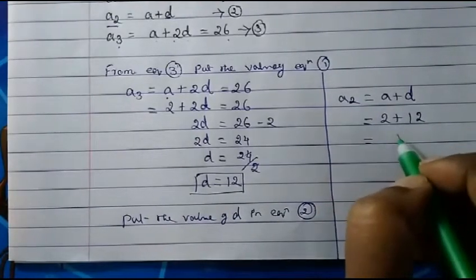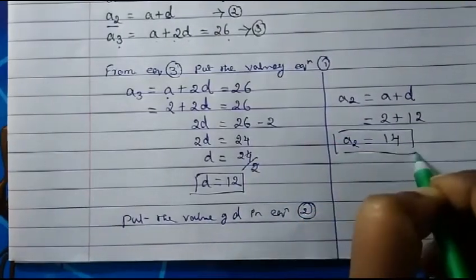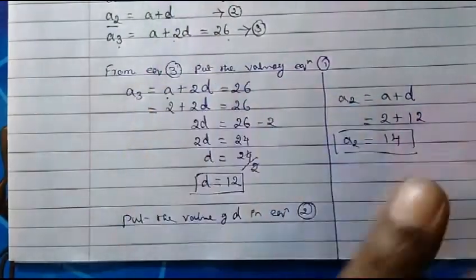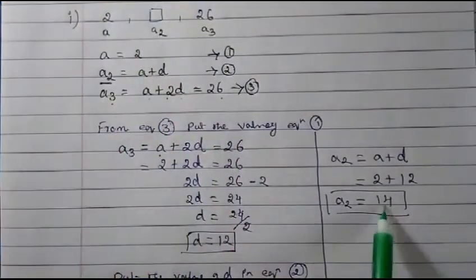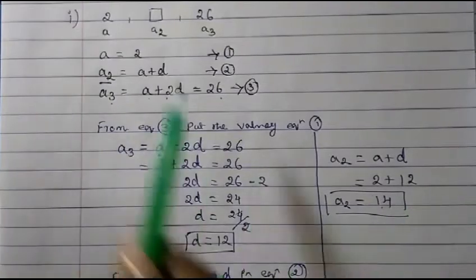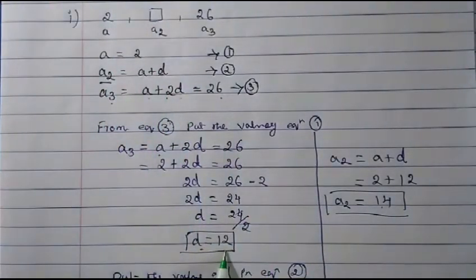So that gives us 14. So A2 is 14. So we found the A2 value. You see, now if it is 14, then 14 minus 2 gives us 12. So you see the difference is 12.